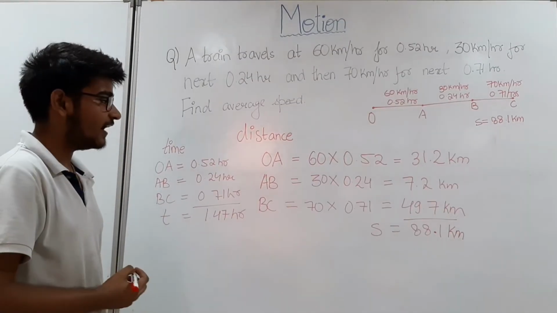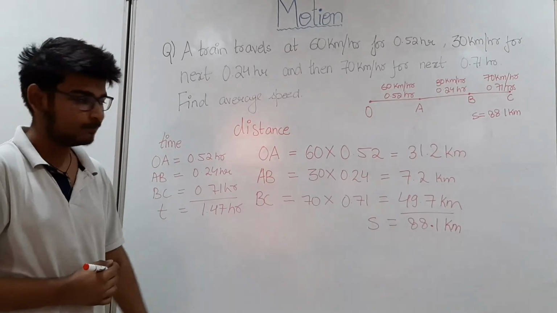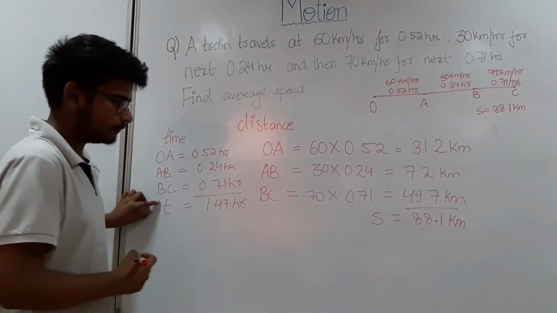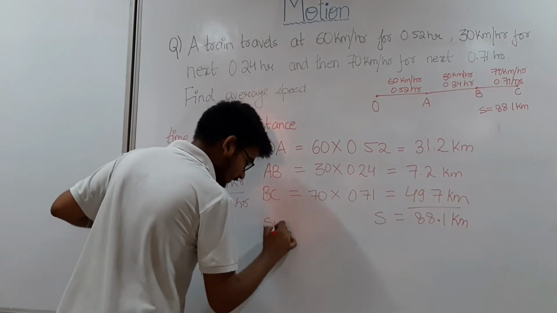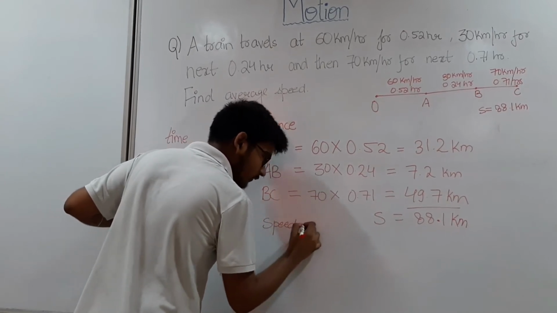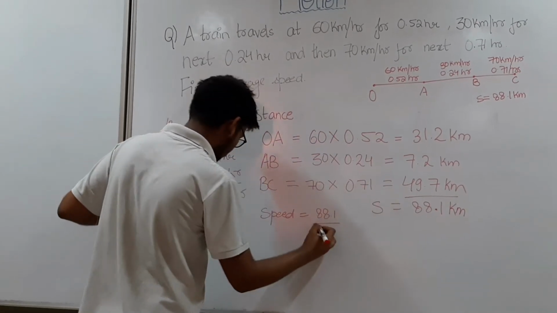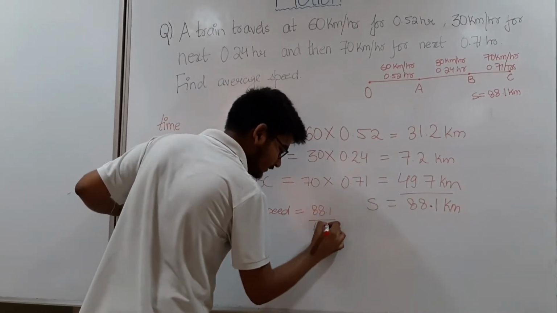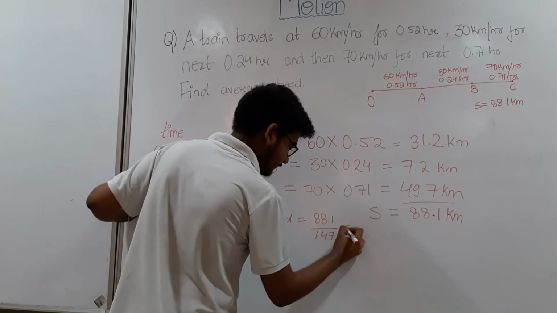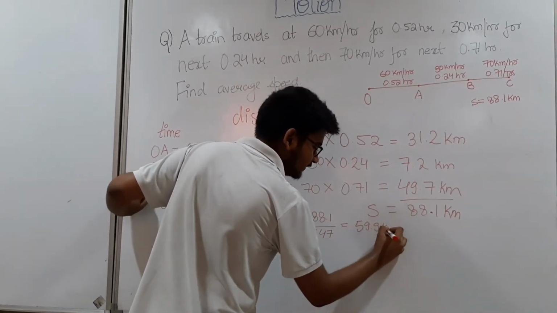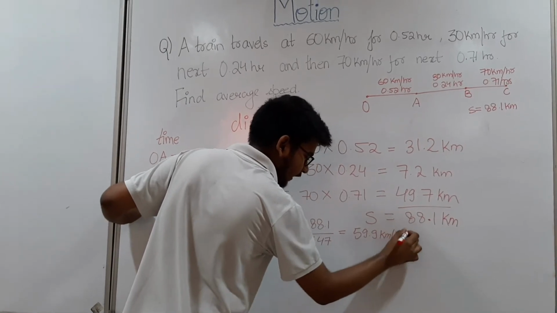So now the average speed, as it is defined, is total distance upon total time taken. So speed will be 88.1 upon 1.47. That will be 59.9 kilometer per hour.